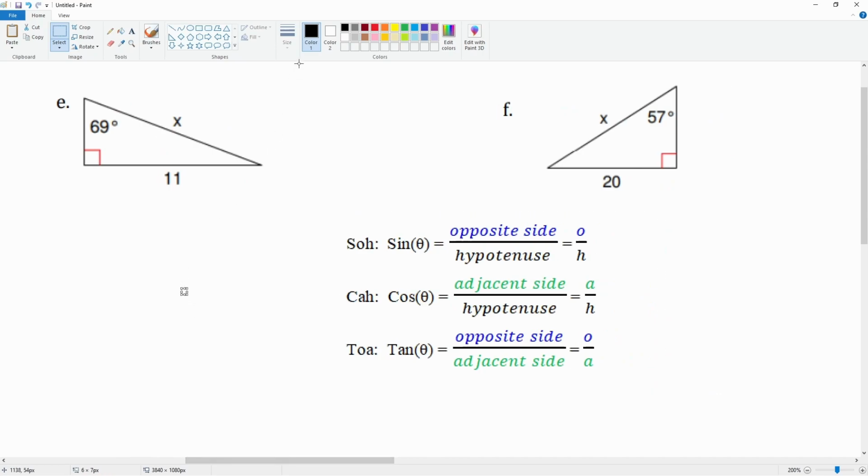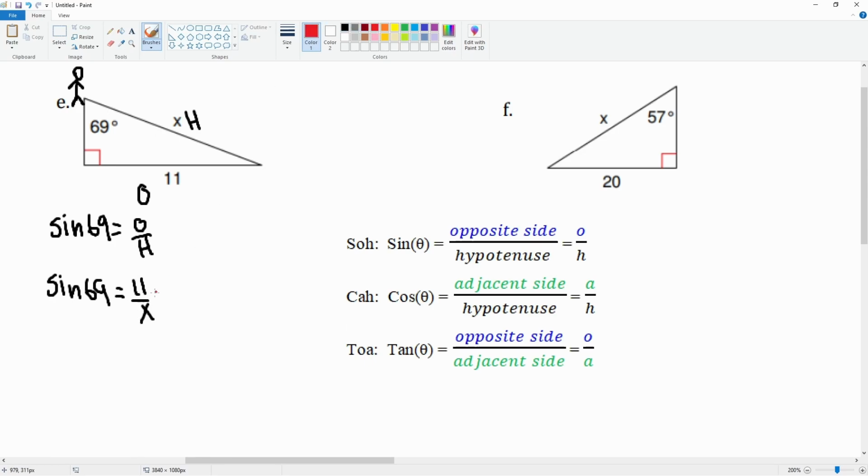Let's label our angles. Our person here is at the 69 degrees. The 11 is the opposite, the x is the hypotenuse. Opposite and hypotenuse is sine, so we know sine of 69 degrees is opposite over hypotenuse. Sine of 69 degrees is equal to 11 over x, and I can multiply x to both sides.